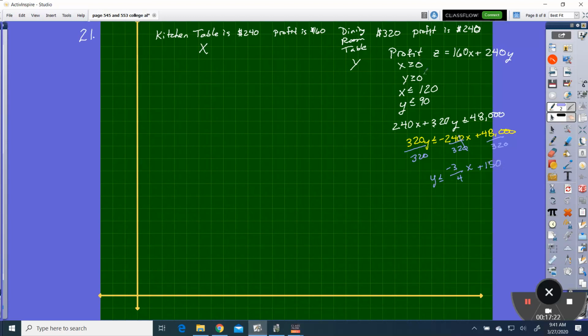Okay, so I go up to 120 here, 90 here, 150 on this. So I'm going to count, if I count by 10, I need 15 spaces. If I count by fives, I need 30. 1, 2, 3, 4, 5, 6, 7, 8, 9, 10. So that's 10 spaces. 11, 12, 13, 14, 15, 16, 17, 18, 19, 20. So I don't have enough, so just count by tens.